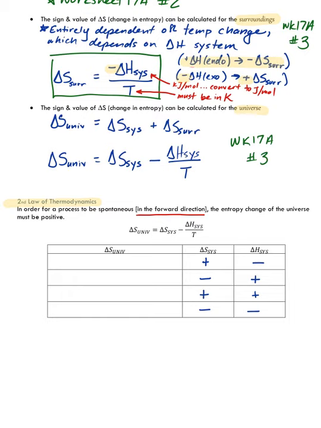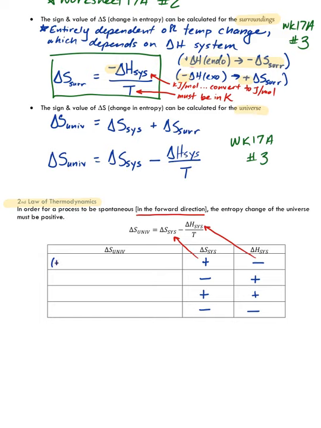So if delta S of the system is positive and delta H of the system is negative, we end up with a positive minus a negative. 2 negatives make a positive. So in that situation, delta S of the universe has to be positive, which means whenever you have a positive delta S of the system and a negative delta H of the system, it will be spontaneous no matter what the temperature is.